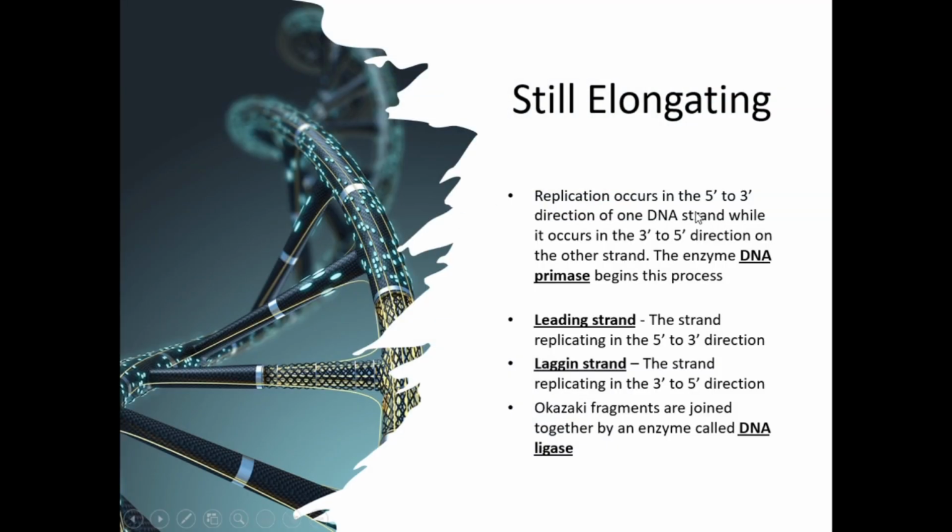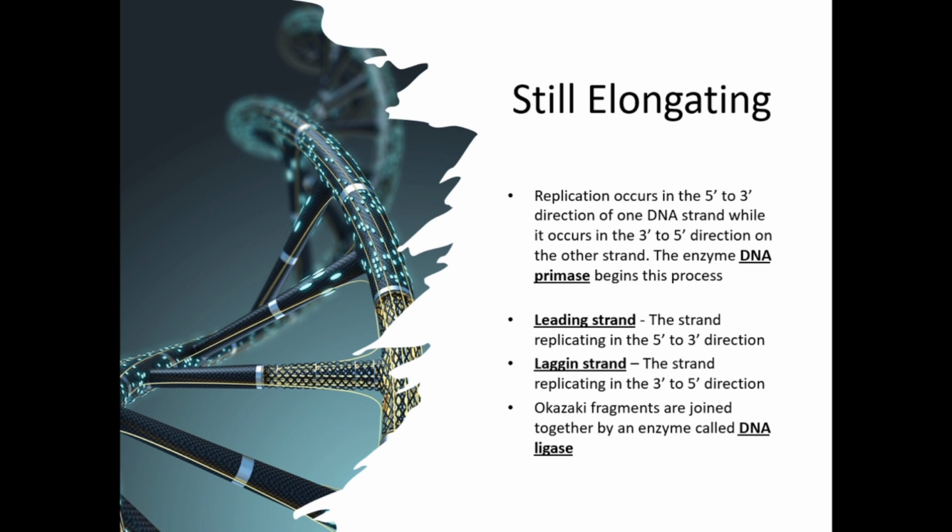Replication in the 5' to 3' direction on one strand is called the leading strand, and it occurs in the 3' to 5' direction on the other strand. The enzyme DNA primase begins this process of formation of a new strand.